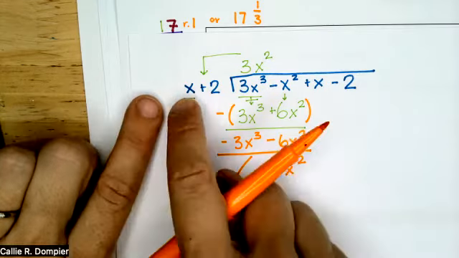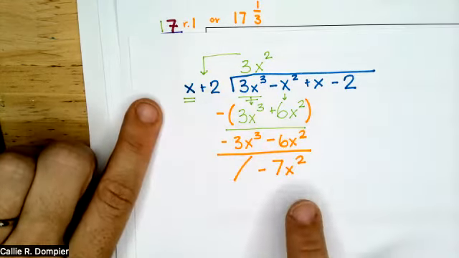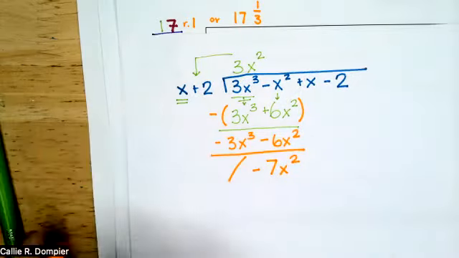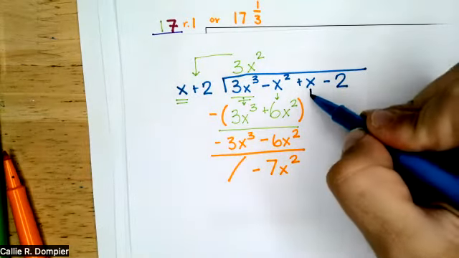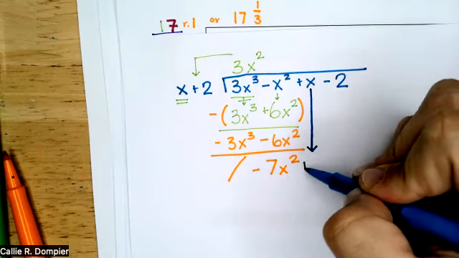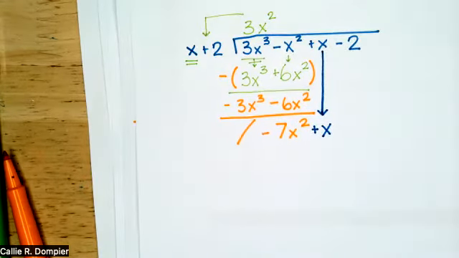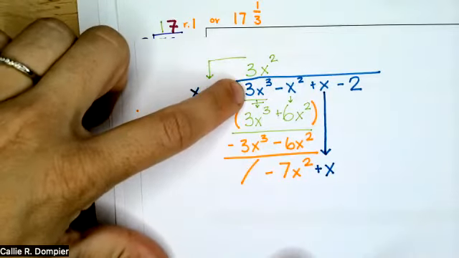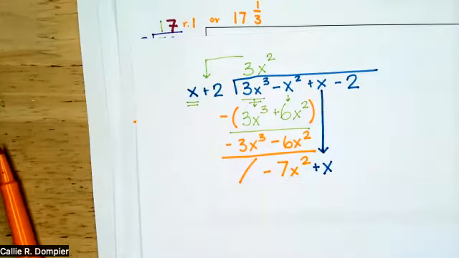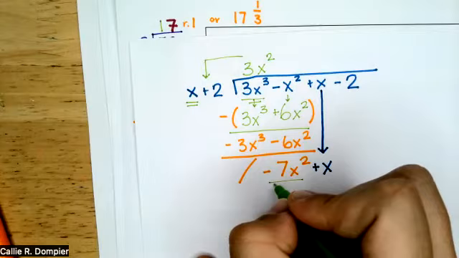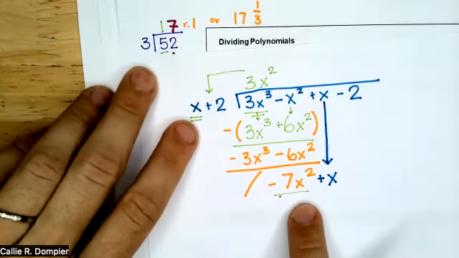Good. Because this has two terms, I'm going to bring down that positive x. Now, what I did up here with the 3x cubed, I'm going to do with the negative 7x squared. So I say, what do I need to do to x?